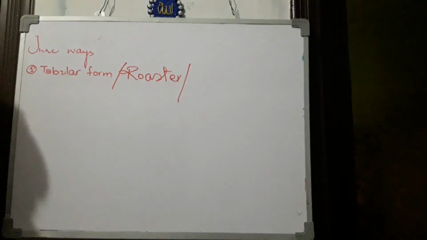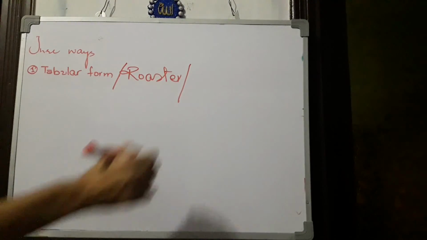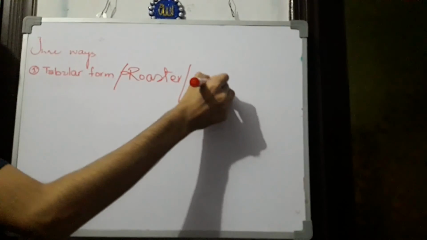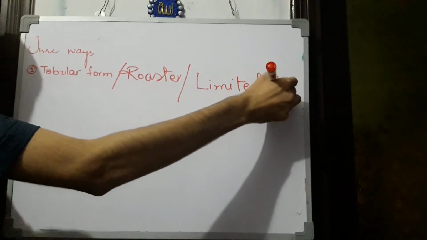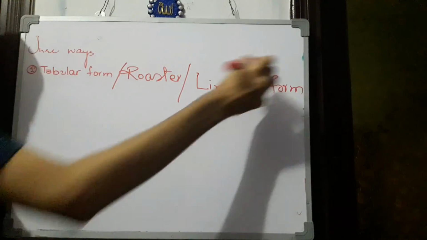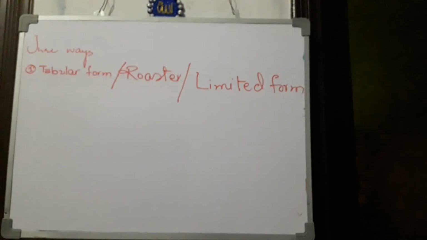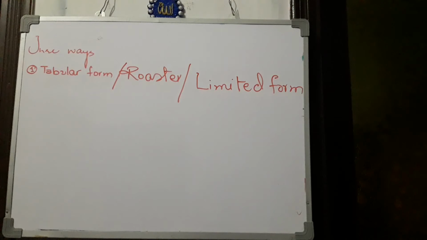We have another name of tabular form, that is listed form. What is this? I will be telling you, but let me write all the three names, then we will be defining each in a separate manner.